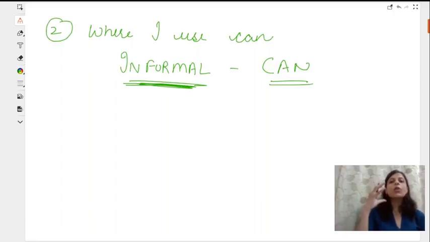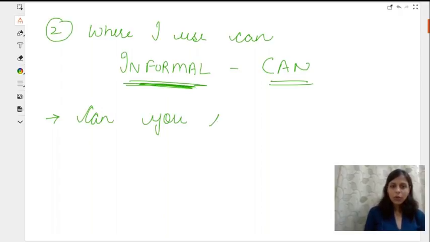If you have to ask for some permission, you use the modal can. For example, if you have to ask for permission or ask for any sort of help, I say, can you switch on the light?